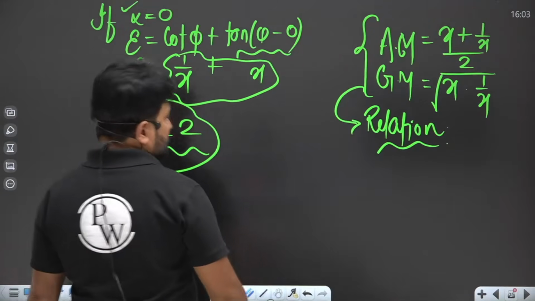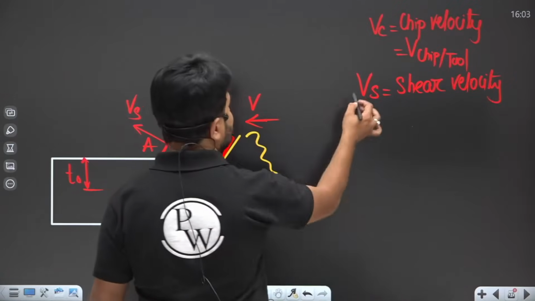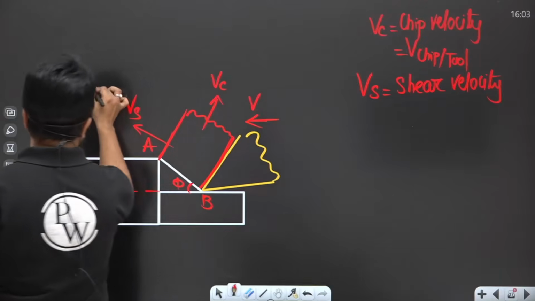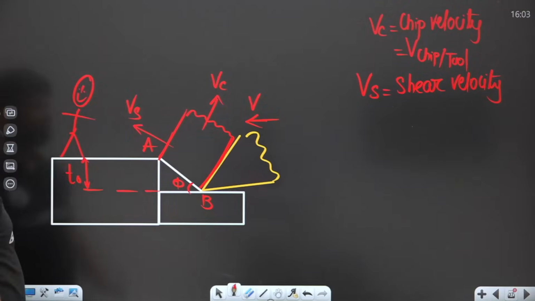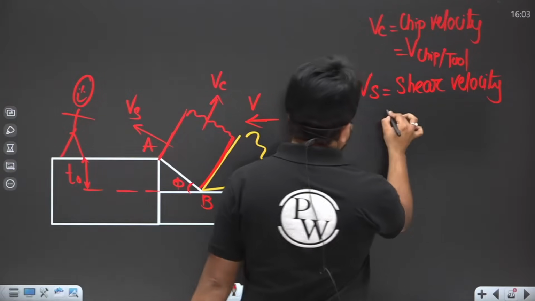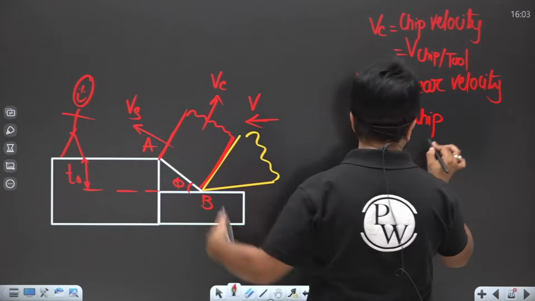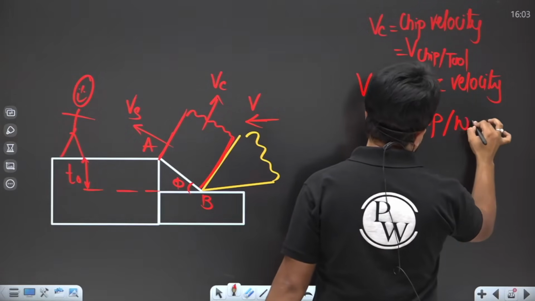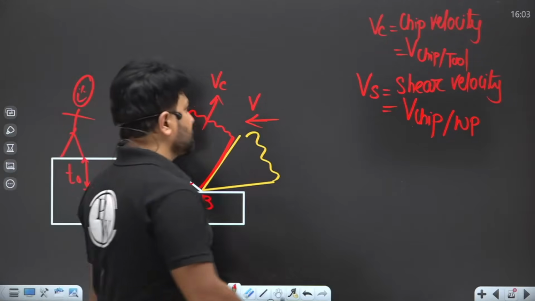Now, my dear student, that shear velocity you can observe when you are standing on the workpiece, with respect to the workpiece. So velocity, this is what? This is the deformation of chip with respect to WP. Here WP stands for workpiece, right?